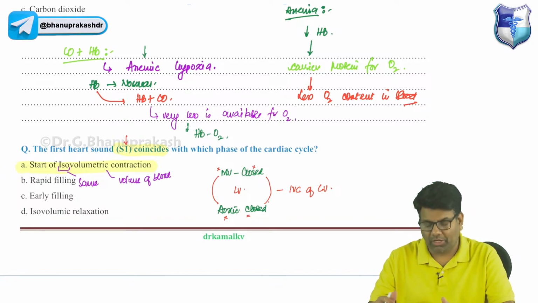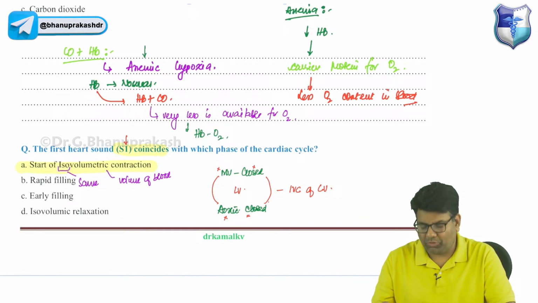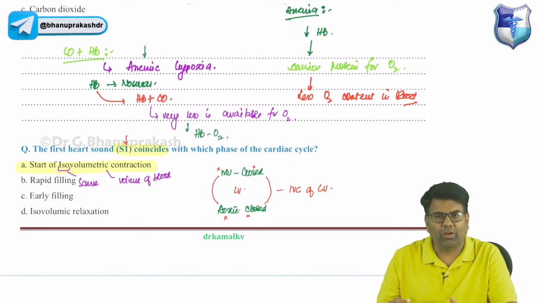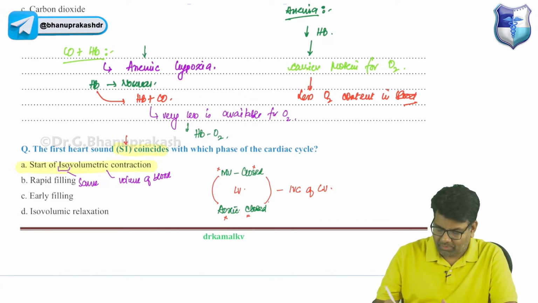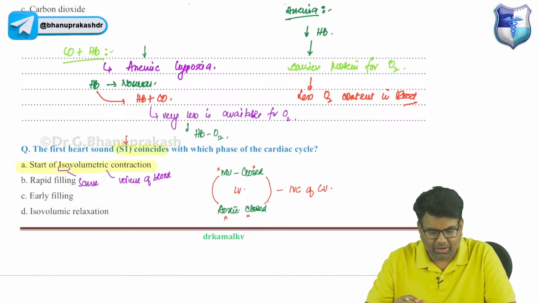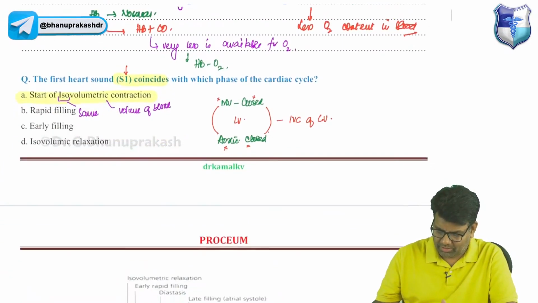Semilunar valves are already closed, so the valves above and below are both closed. Now the ventricular cavity is a closed chamber, and when it starts contracting, that is known as isovolumetric contraction. So the first heart sound coincides with the beginning of isovolumetric contraction. So remember this.